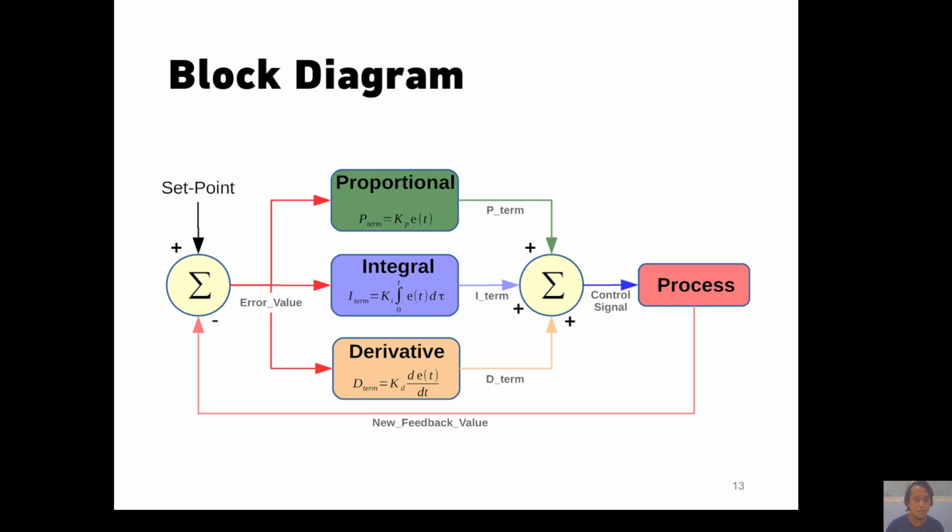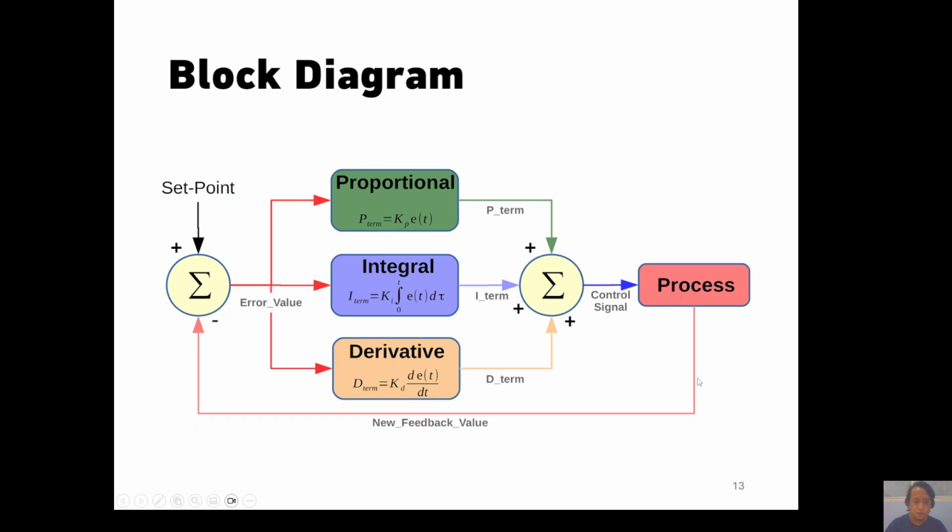The set point is almost the same as in the inverted pole problem. This is the block diagram, where the set point is the desired pole position in the previous inverted pole diagram. And we have a summation block with the set point.